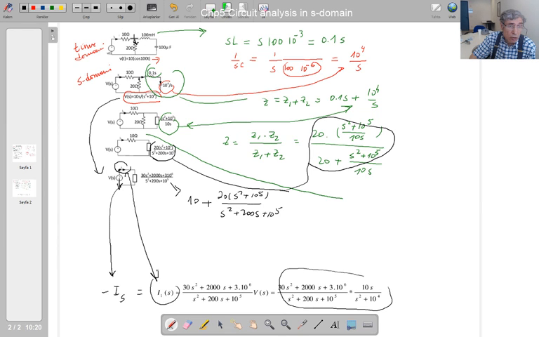If you write the Kirchhoff current law equation for this node, you can calculate this current, isn't it? Because these two currents are known, you can calculate this current. This current is the inductor current. So you found the inductor current. Multiplied with the inductor impedance, you get the inductor voltage.